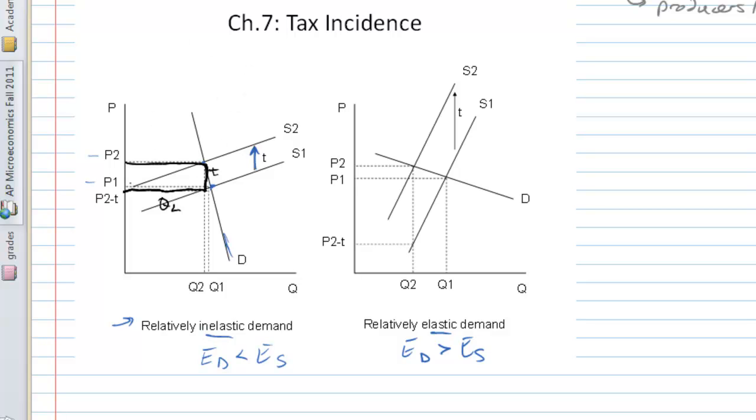And now we can just barely see at the bottom this old price P1 kind of peeking its way above the bottom. So what that's showing us is here the consumer incidence is most of this government revenue box. Consumer incidence is this top part, everything above the old price, whereas the producer incidence is this tiny sliver down here of the government revenue box that's below the old price.